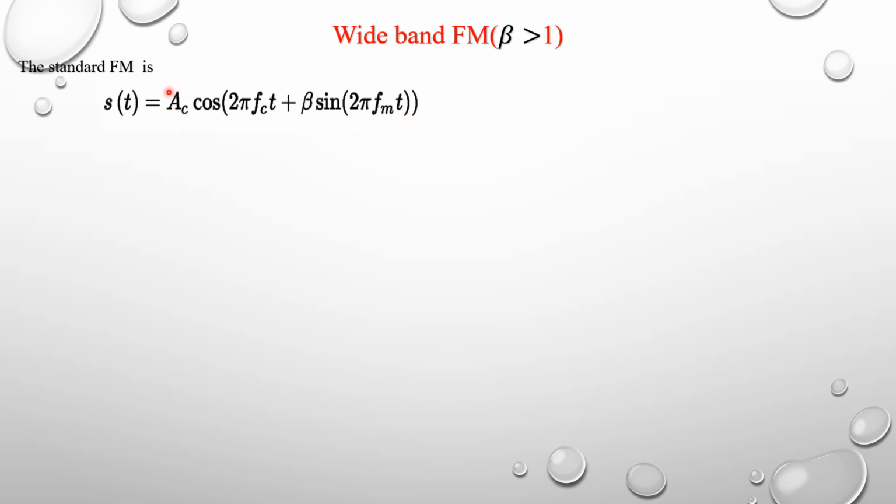Ac is the carrier signal amplitude, fc is the carrier signal frequency, and beta is the modulation index. In wideband FM, beta is greater than 1. In narrowband, beta is less than 1. And fm is the modulating signal frequency.